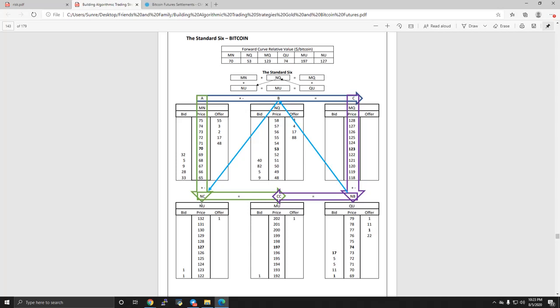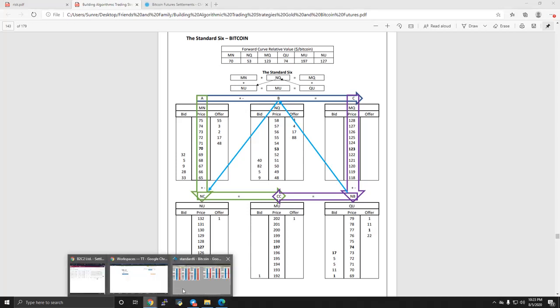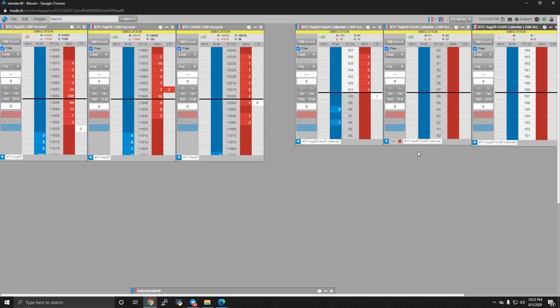And that's a good point for us to migrate towards our simulator and see this stuff as it's being priced in sim based on live order books. So here we have the Bitcoin August outright, which is the front month at the time of this recording.